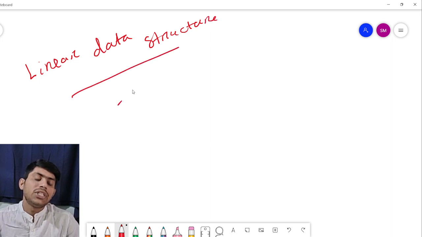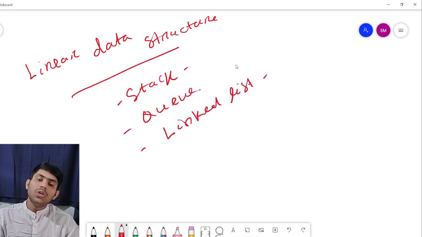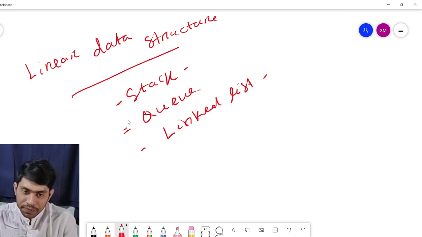Under linear data structure, the stack concept comes, stack implementation, queue is also a linear data structure, and linked list is also a linear data structure.